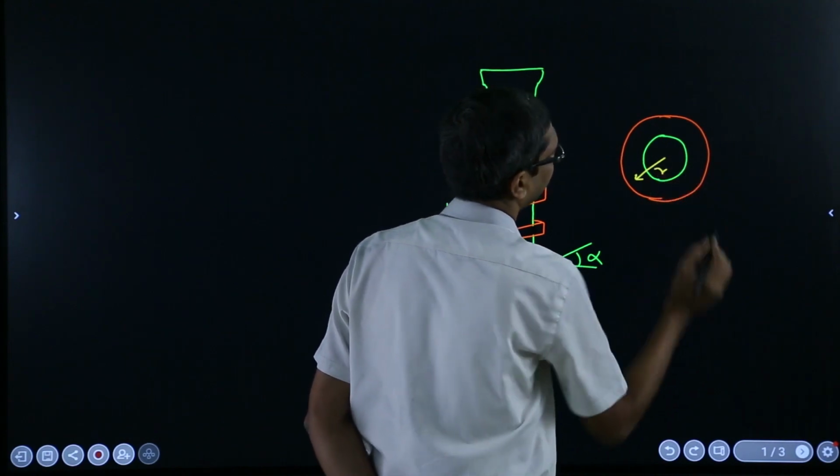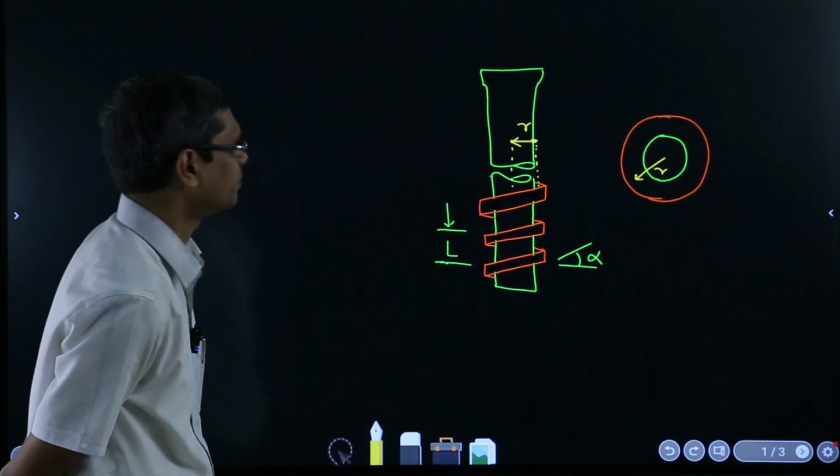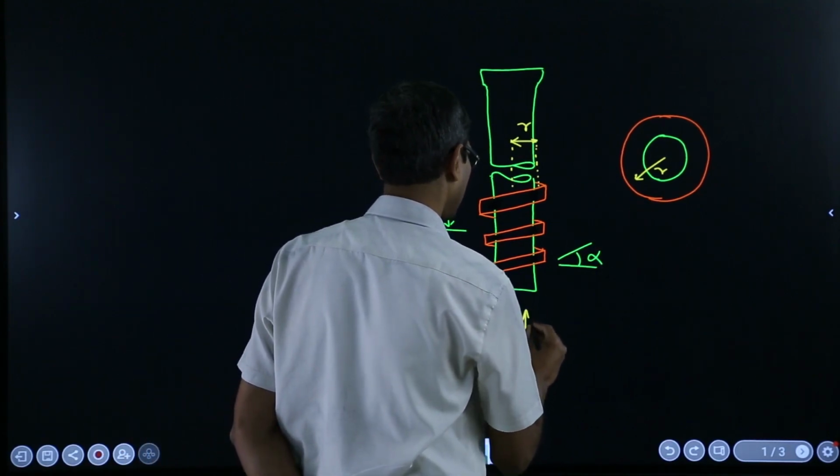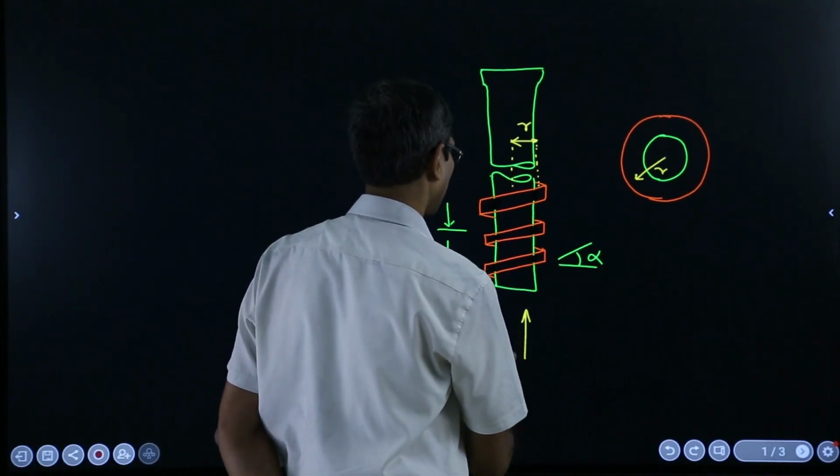This is R. So this is the view when we look from this side.